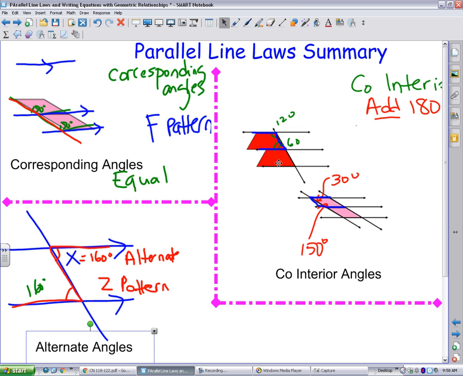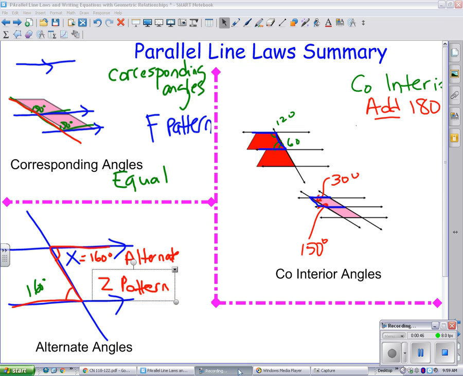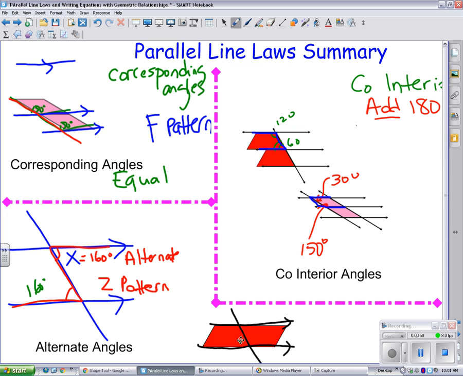So these are all to do with parallel lines. Down below here we have the alternate angles, and we said that the alternate angles could be called the Z pattern. The angles that are alternate are the angles contained in the Z, and those are equal. We knew that from the trapezoid: if we took the whole trapezoid, picked it up and turned it around, we would see that this angle fits in as well.